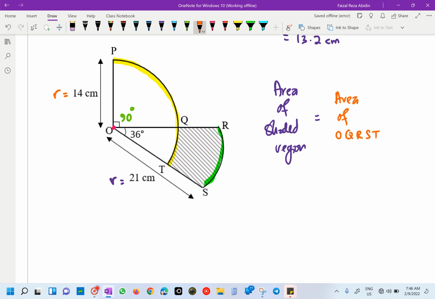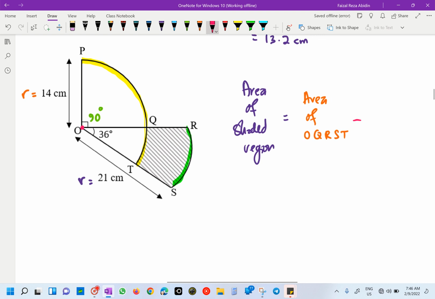Okay, and then minus, yes, minus with the area of OQT. Area of OQT. You have to identify. Is there any marks for this one? No marks. No marks. I just want you to clarify which area we are going to find first.